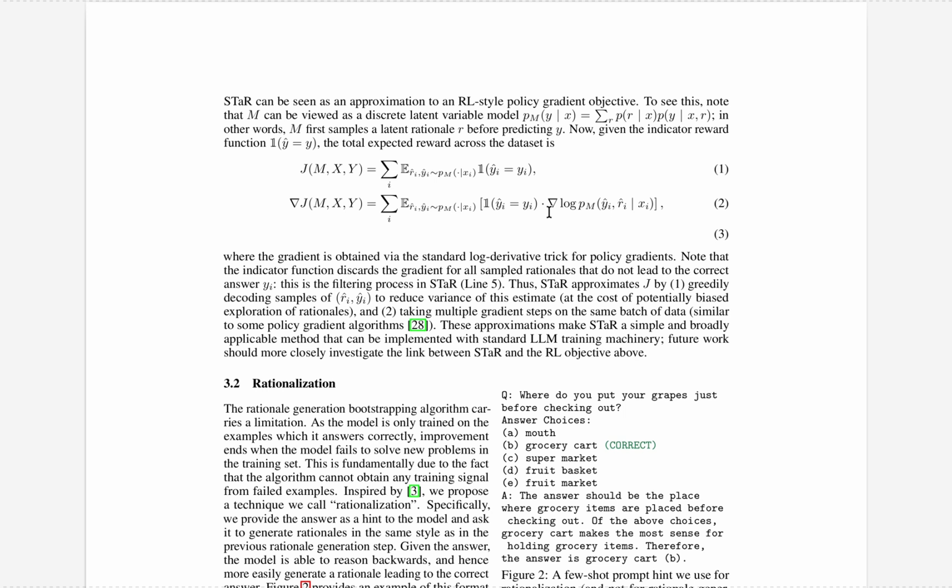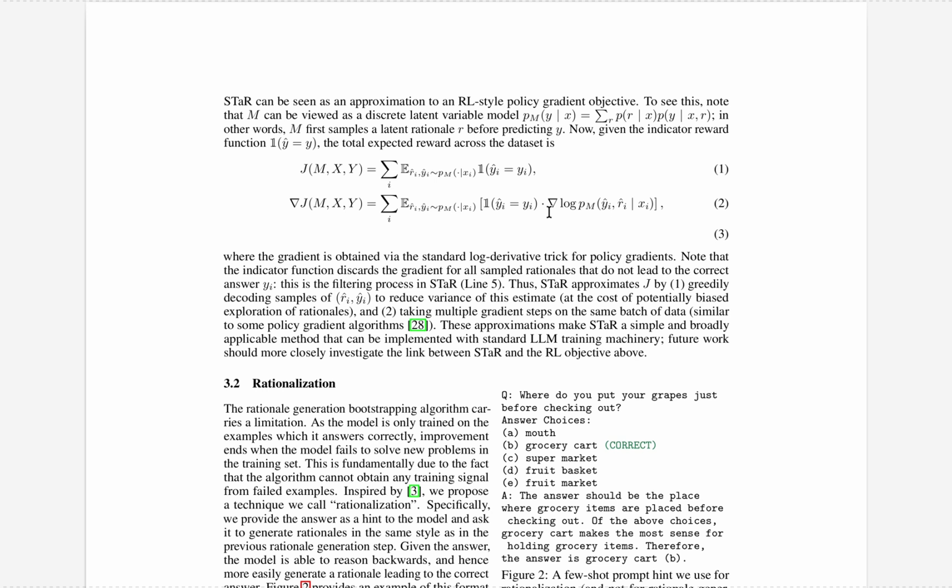Now, given the indicator reward function, the total expected reward across the dataset is given by the formula, where the gradient is obtained via the standard log derivative trick for policy gradients. Note that the indicator function discards the gradient for all sampled rationales that do not lead to the correct answer. This is the filtering process in STaR.